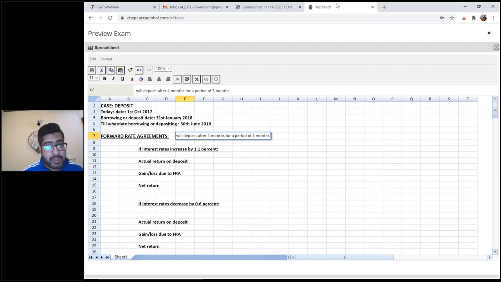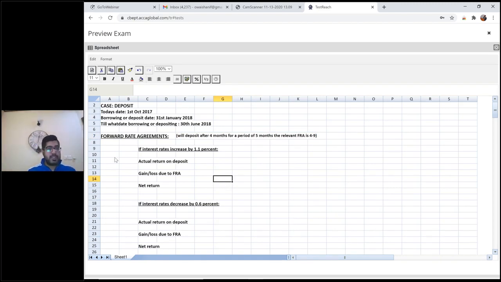Now, if you need to deposit after 4 months for a period of 5 months, the relevant FRA is 4-9, because 4-9 means the agreement will start after 4 months and last for 5 months.